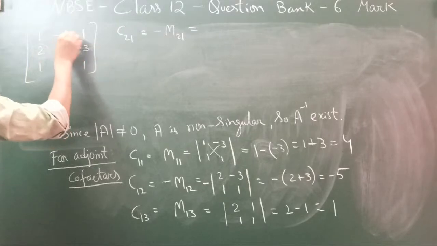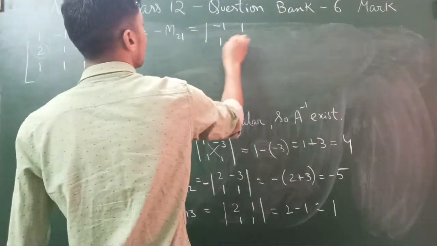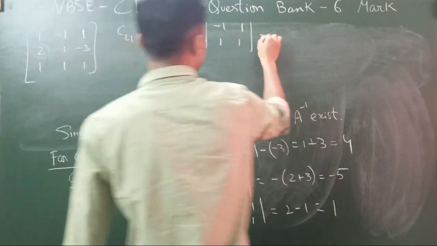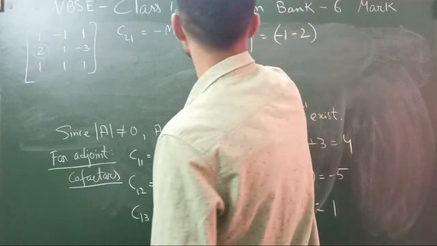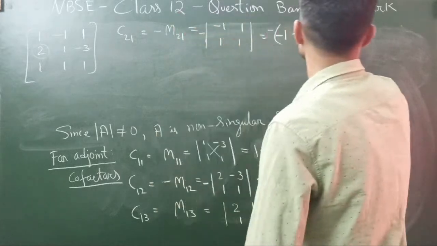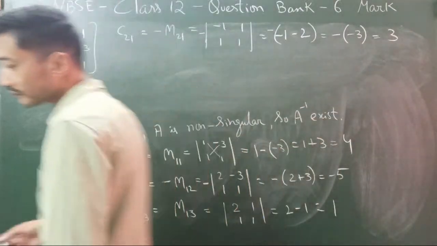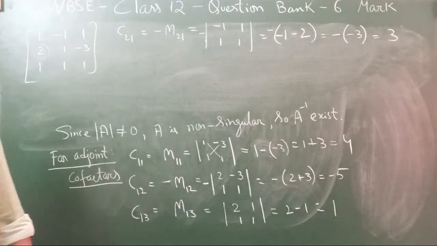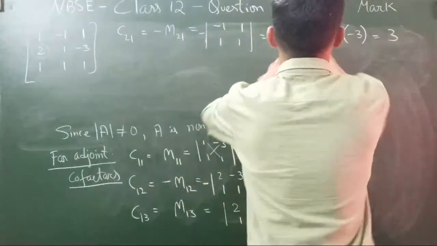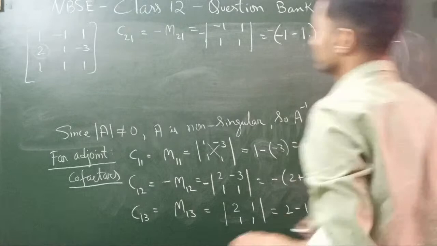So we'll be left with 1, 1, 1, 1. These are very simple questions. They give you 6 solid marks. Please don't mess it up. Negative value is there. Minus 3, so that becomes plus 3. This is 1, sorry. Minus 2, so that becomes plus 2.